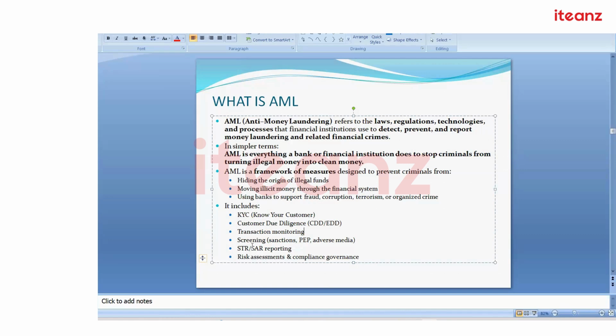So if any person sends money to them, first of all they will block it. Then they will file a report to the RBI, or file a complaint with the police saying that this person is sending money to this person.